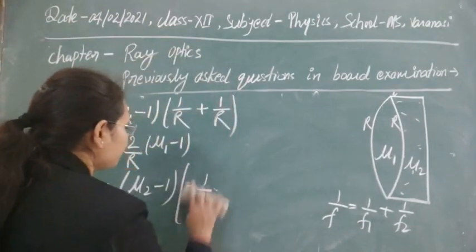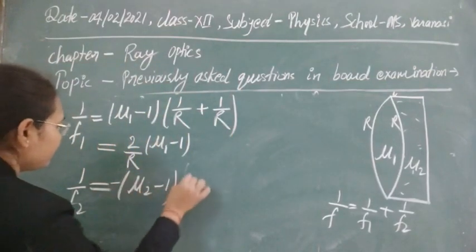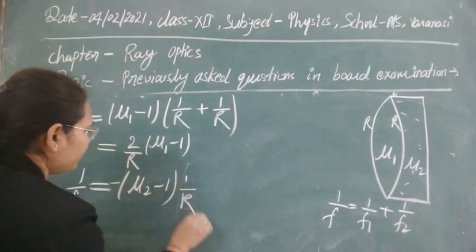So no need to solve it directly; this is minus of 1 upon r times (mu2 minus 1).